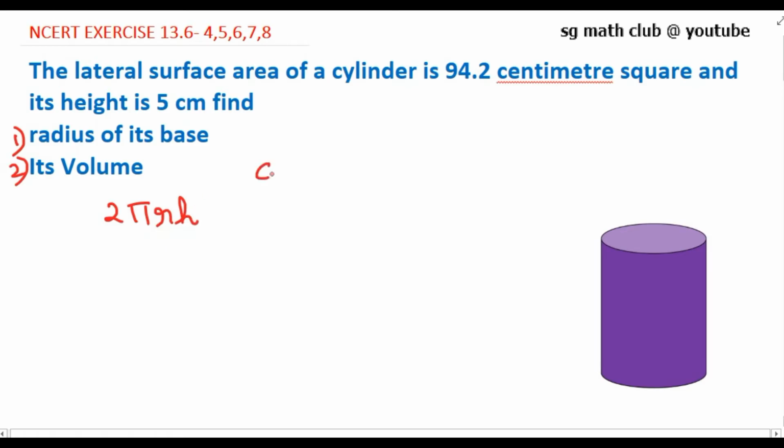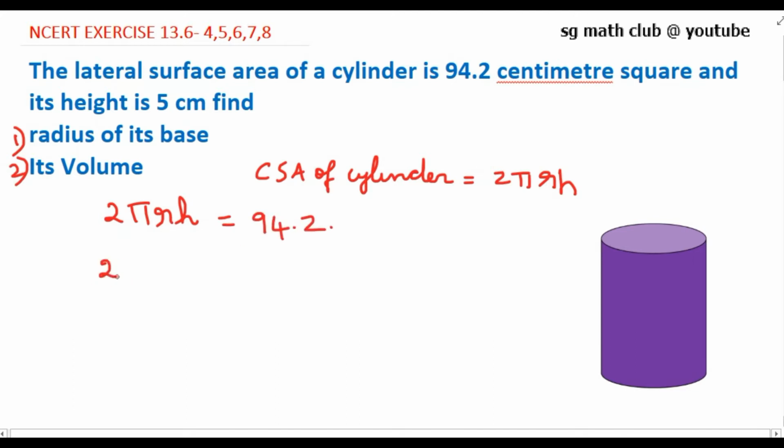This curved surface area of the cylinder is 2 pi r h, and 2 pi r h is given as 94.2 square centimeter. Height is already given as 5 centimeter. We need to find the radius of the cylinder.